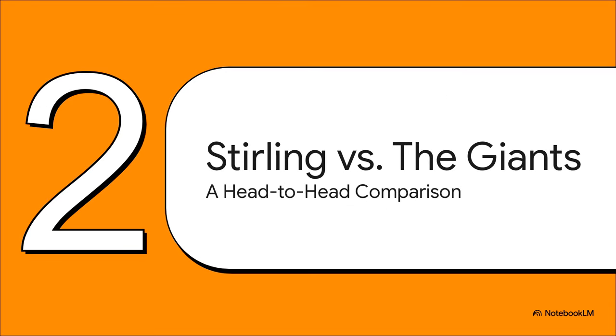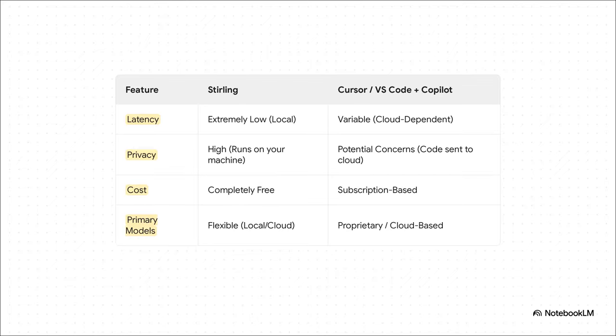So this all sounds great, but here's the real question. How does a free, open-source tool like this actually stack up against the big dogs? Let's put Stirling in the ring, head-to-head with the classic VS Code and Copilot combo. All right, let's break this down. First up, latency. With Stirling, it's almost zero because it's all local. With cloud tools, it can be all over the place.